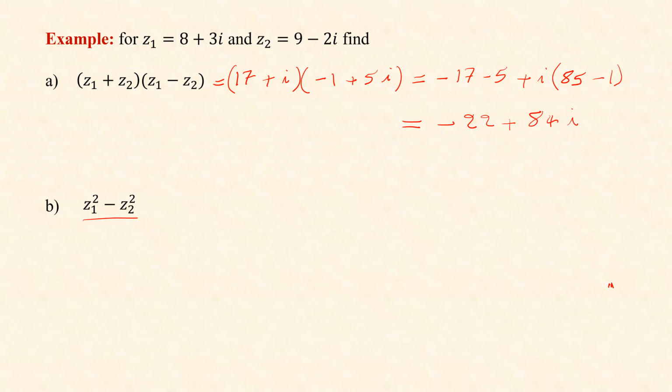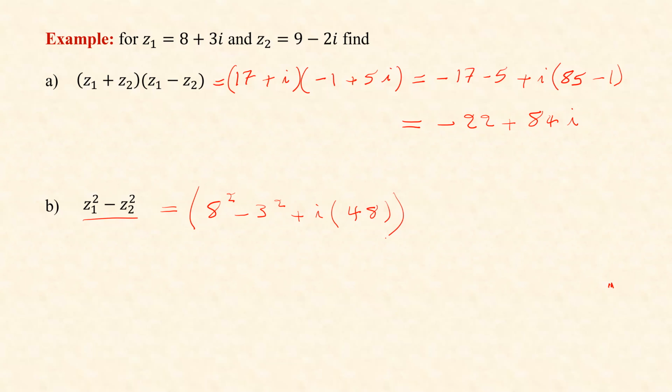And then if you do it this way, Z1 squared becomes 8 squared minus 3 squared, right? And plus I times 2 times 8 times 3, 6 times 8, 48.